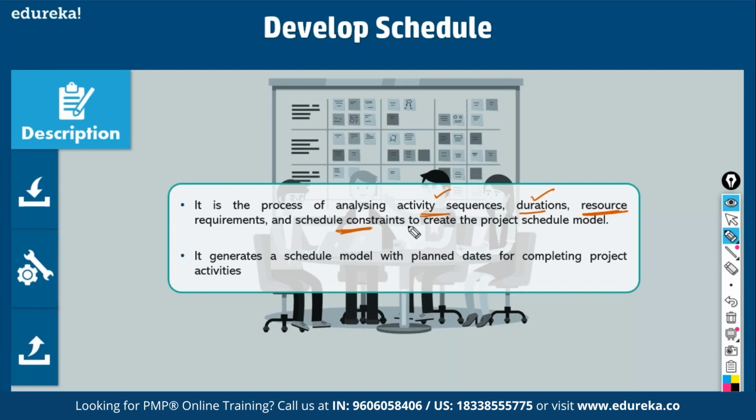So you consider all this and you develop a schedule model. What does a schedule model contain? It contains start dates, end dates, and who is going to be the resource performing this activity. And if the resource is going to consume steel or cement, how many kilos is it going to consume? Everything relating to activities is combined to develop a schedule.